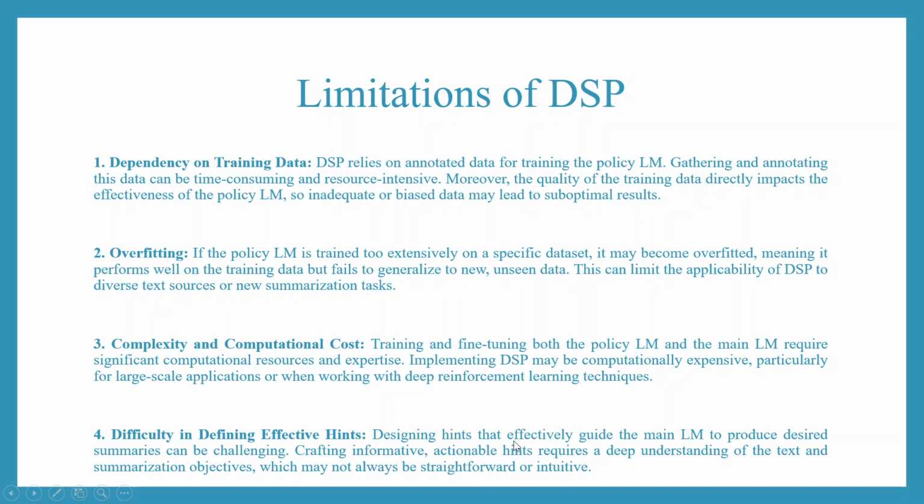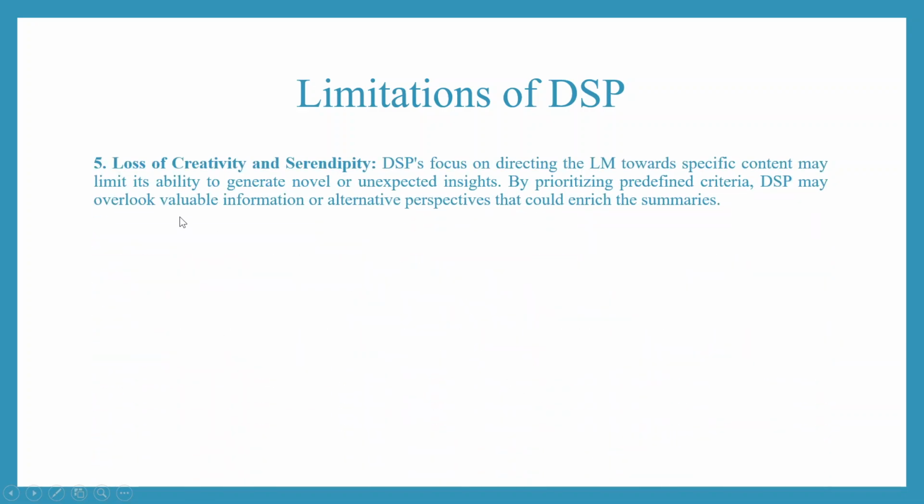Designing hints that effectively guide the main language model to produce desired summaries can be challenging. Crafting informative, actionable hints requires deep understanding of the text and summarization objectives, which may not always be straightforward or intuitive. DSP's focus on directing the language model towards specific content may limit its ability to generate novel or unexpected insights. By prioritizing predefined criteria, DSP may overlook valuable information or alternative perspectives that could enrich the summaries.